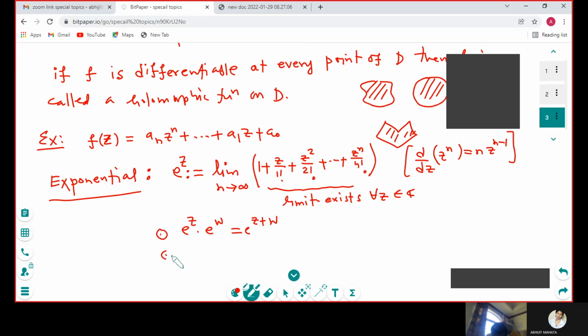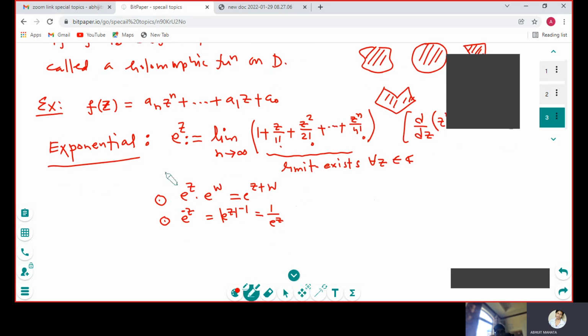Secondly, e to the power minus z is equal to e to the power z whole to the power inverse, which is nothing but 1 by e to the power z. Of course, one more property I have to add: e to the power z is always not equal to 0. All these properties are true.